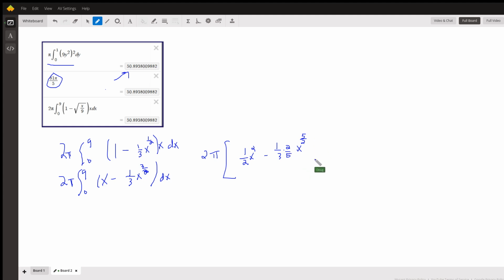And we're evaluating that from 0 to 9. It might not look like it, but if you evaluate from 0 to 9 by putting 9 in minus putting 0 in, you do get 81 pi over 5.